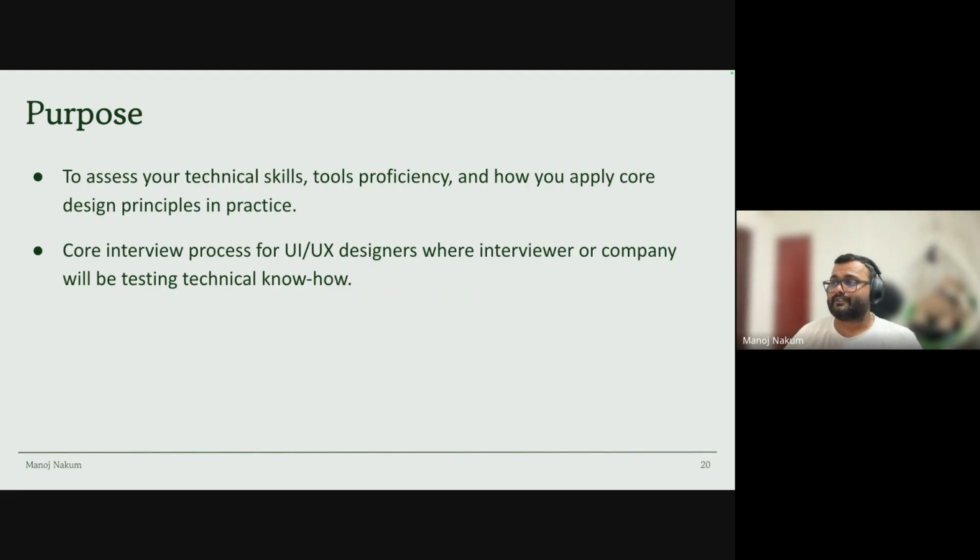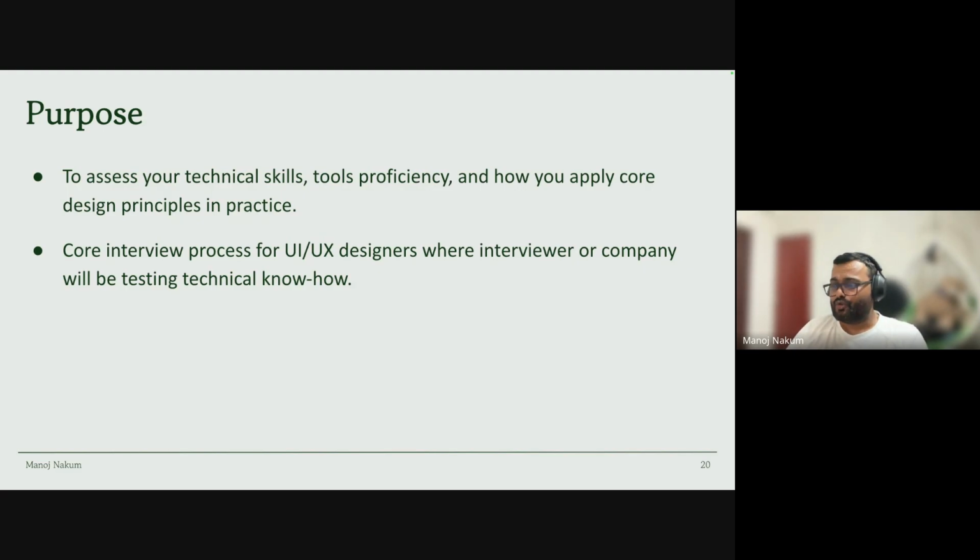Now, some people question why this round matters for a UX designer. Role-specific, skill-specific roles generally happen in MNCs, where there would be just a researcher, just an interaction designer who creates the interactions, and a visual designer.